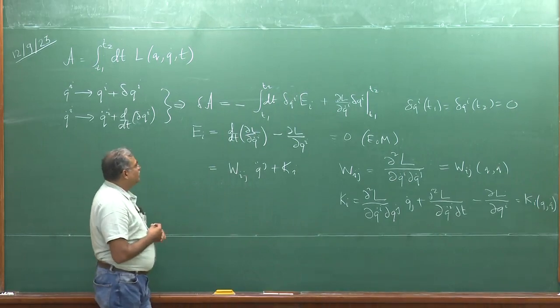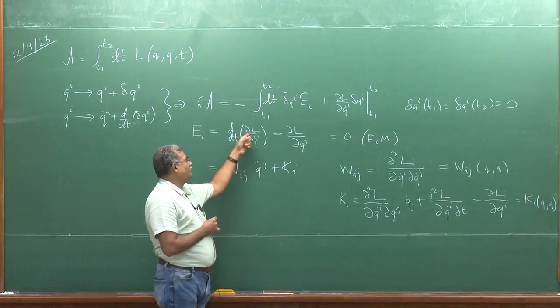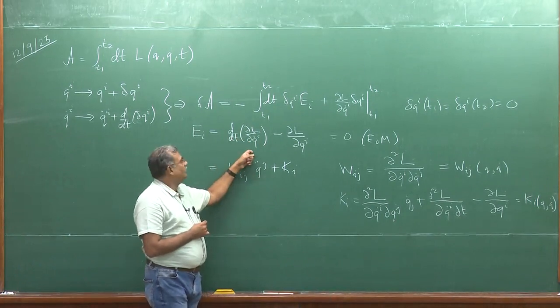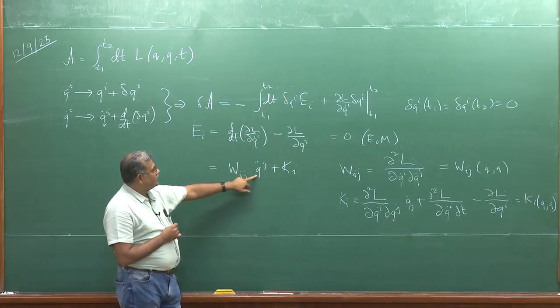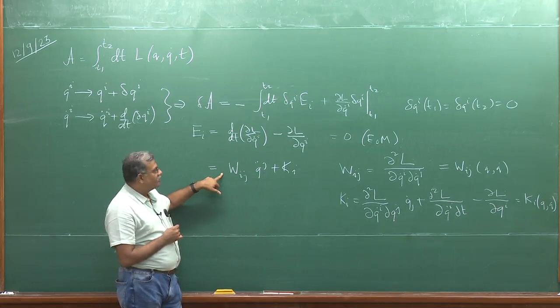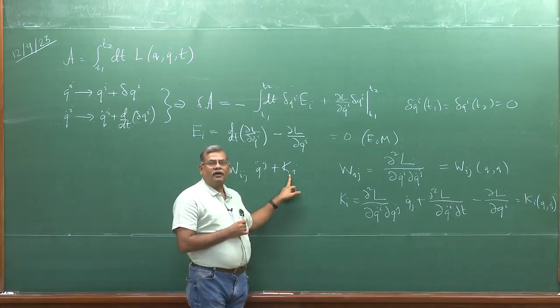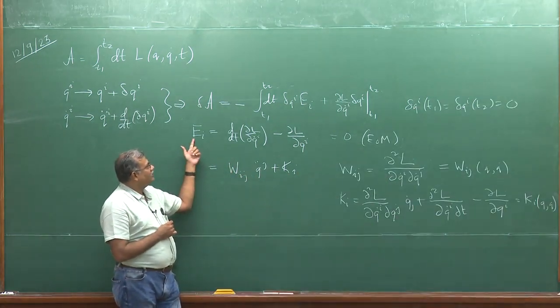Because L is in general a function of q, q dot and t, and so is del L del q dot, this can be expanded out in a form which has an acceleration term times del 2 L del q_i dot del q_j dot, and a term which is free of the acceleration. So, this is how I have split up the Euler-Lagrange equation of motion terms.